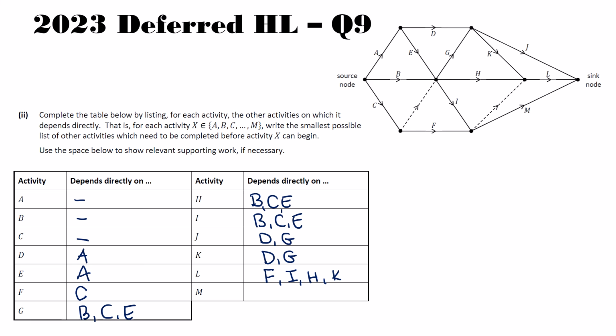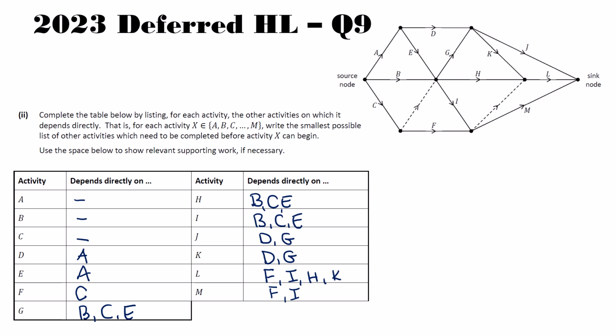If you have a dummy activity, you go back to the node where that comes from and see what feeds into that. And then our final one is there's two activities feeding in there, and that is F and I.